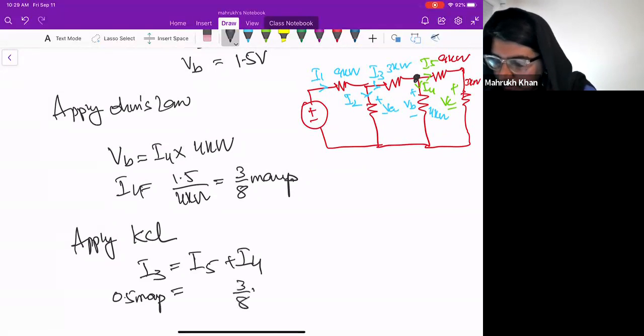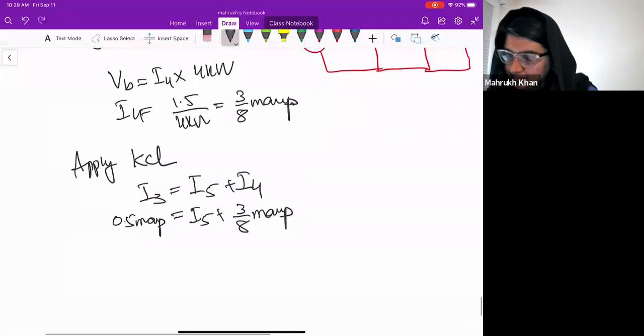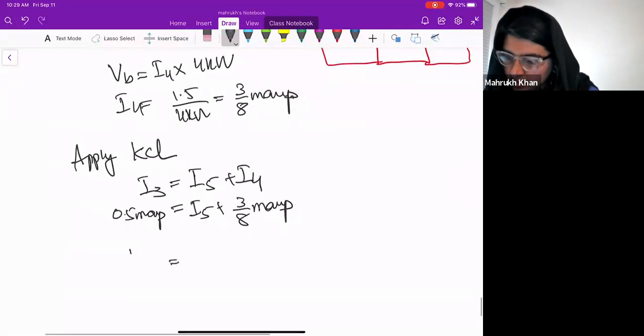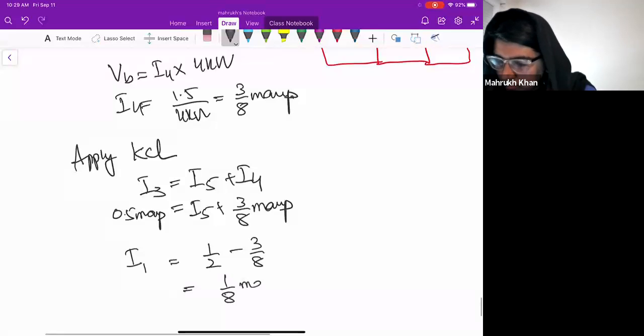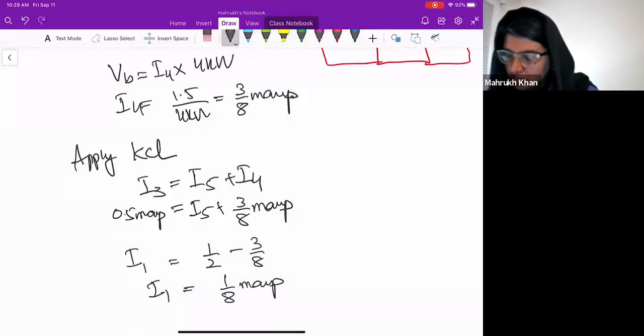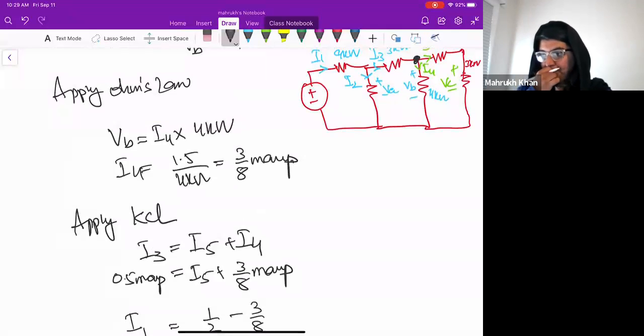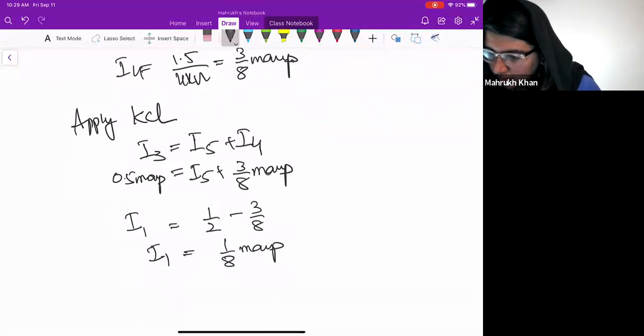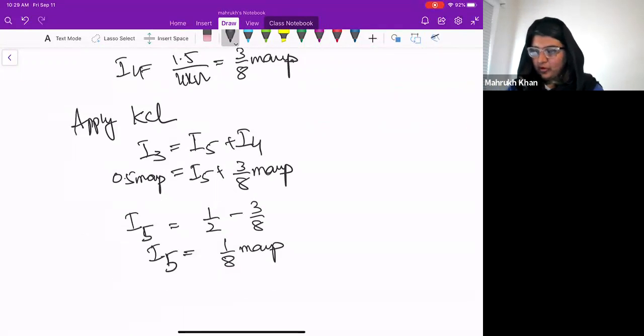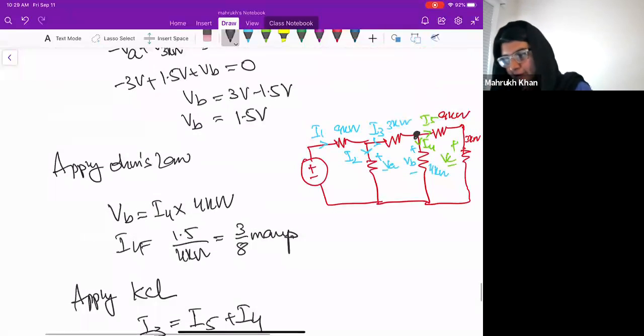I4 is 3 by 8 milliamps. So we are trying to find I5. Okay. So no, this is not I1. This is I5. Sorry about that. So we're good with I5.